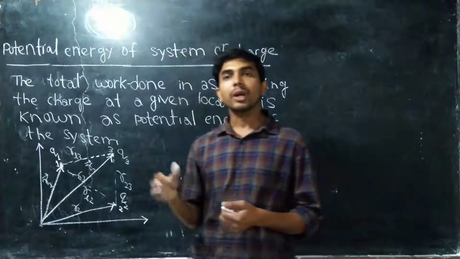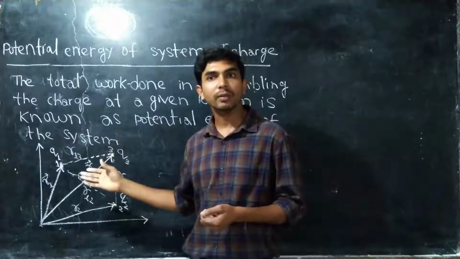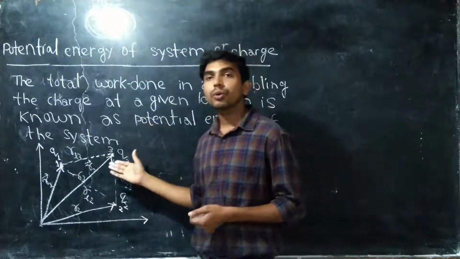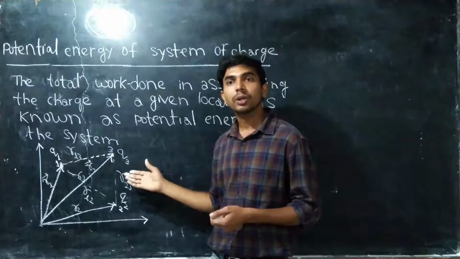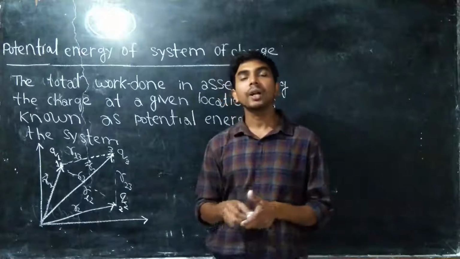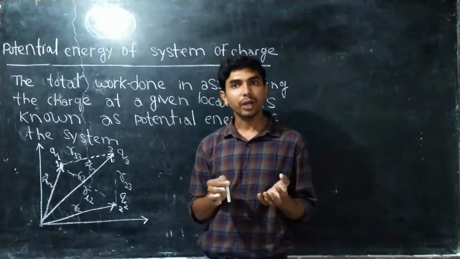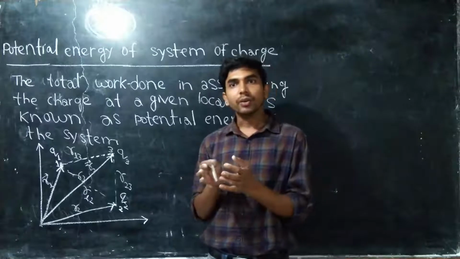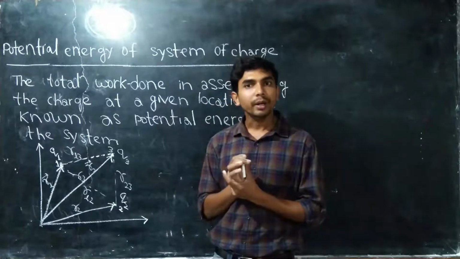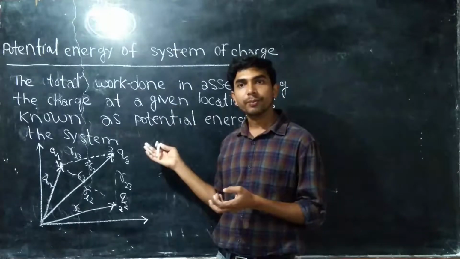So first I am going to calculate how much work done is needed to bring charge 1, how much work done is needed to bring charge 2, and how much work done is needed to bring charge 3. If we are able to calculate the work done needed to bring all those charges, then by adding all these work done we are able to calculate the total work done, and the total work done is the potential energy of the system, right?